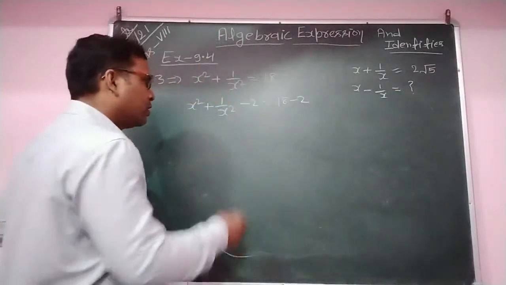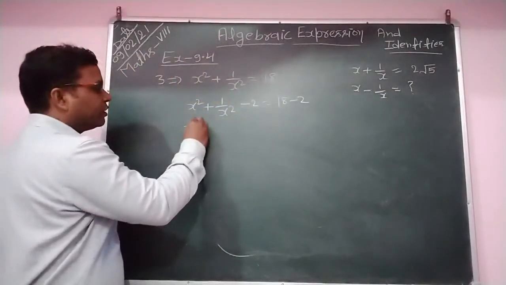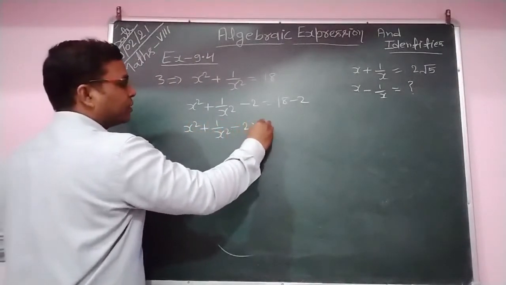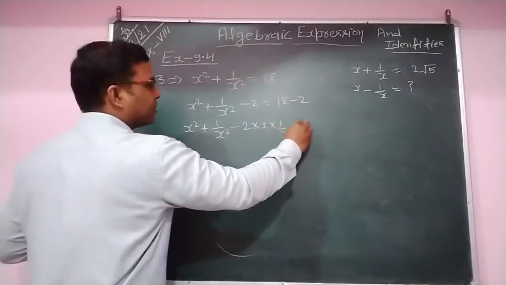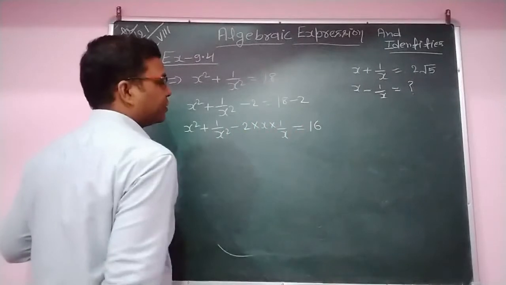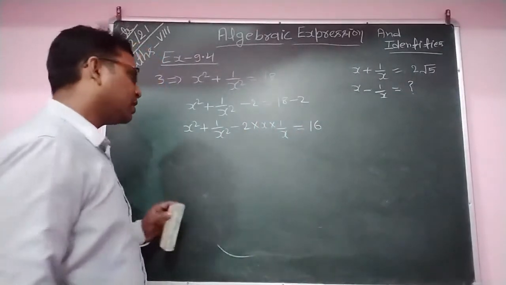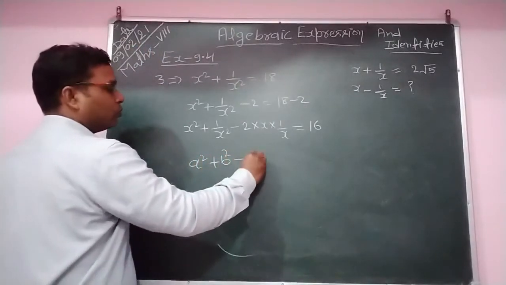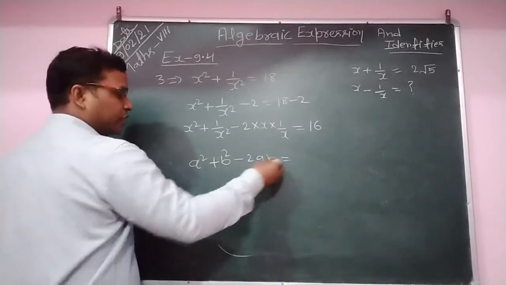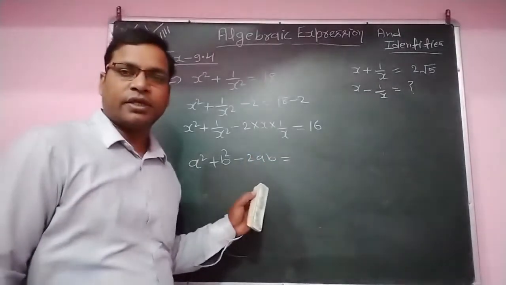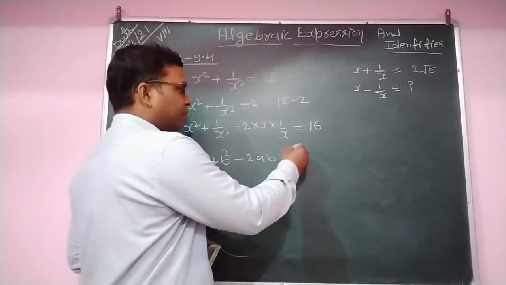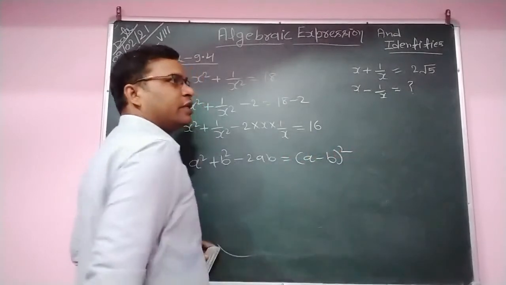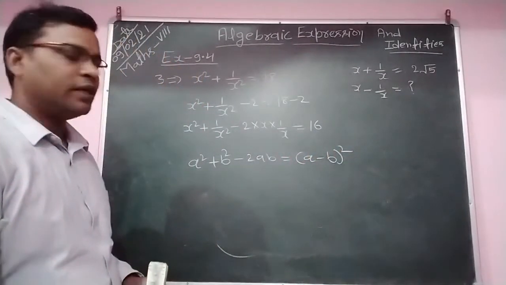Now you can also write it as x square plus 1 upon x square minus 2 into x into 1 by x is equal to 16. So you can see this is the form of a square plus b square minus 2ab. This is the second identity, and it is equal to the whole square of a minus b.